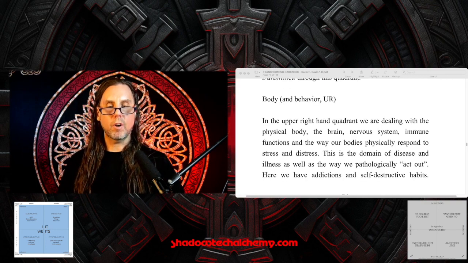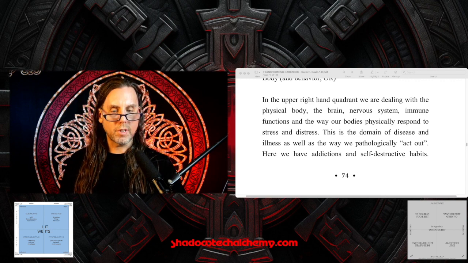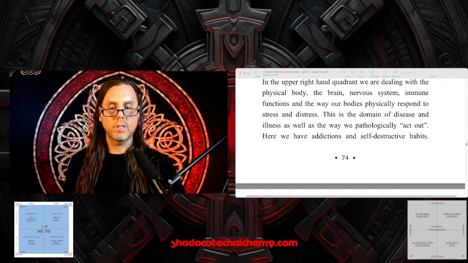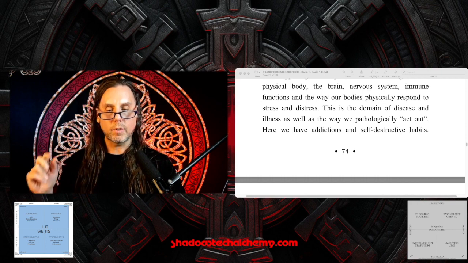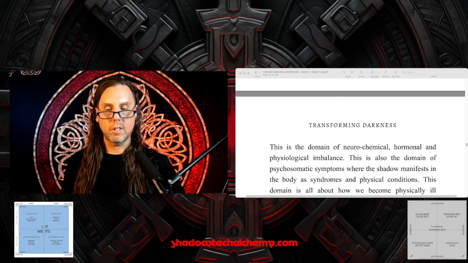Body and behavior, upper right-hand quadrant. In the upper right-hand quadrant, we're dealing with the physical body, the brain, nervous system, immune functions, and the way our bodies physically respond to stress and distress. This is the domain of disease and illness, as well as the way we pathologically act out. Here we have addictions and self-destructive habits.